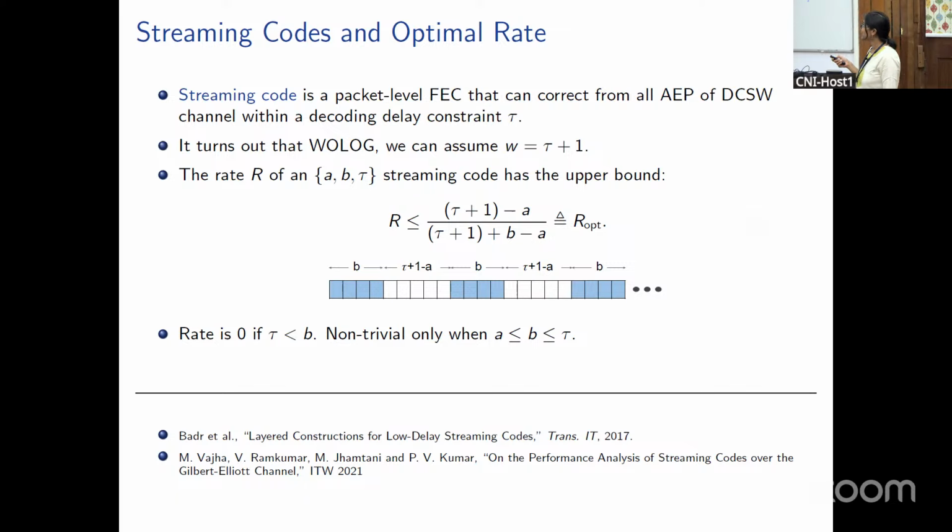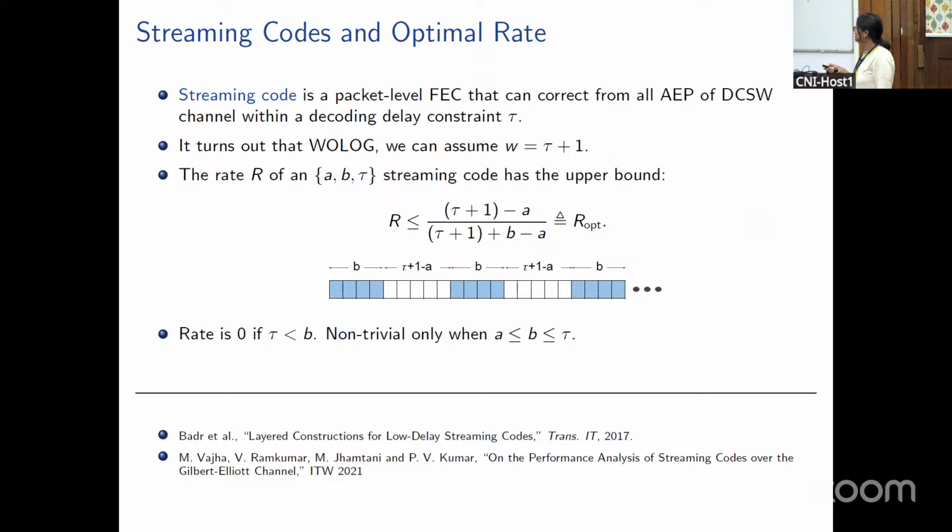I will not go into the details, but the rate that these streaming codes need to satisfy must meet this upper bound. We can see a simple acceptable erasure pattern with periodic b erasures spaced apart by tau plus 1 minus a non-erasures. The blue ones are erasures and the rest are non-erasures.